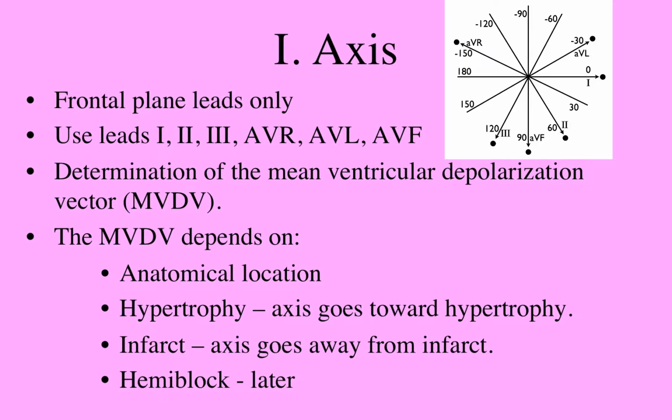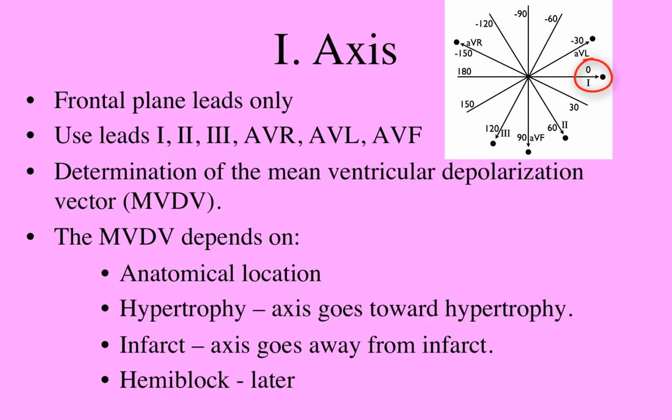If you took a pen or pencil and projected it right at 0, that would be the axis of your heart, where it's pointing. That's where the mean ventricular depolarization vector is going.